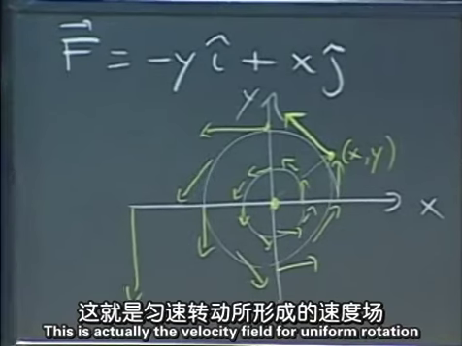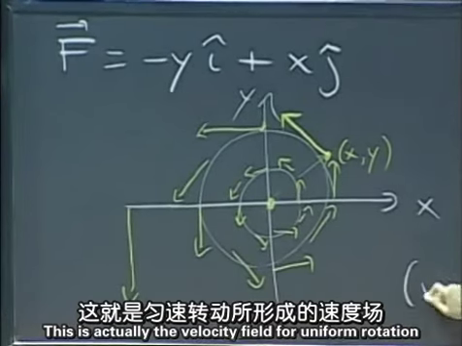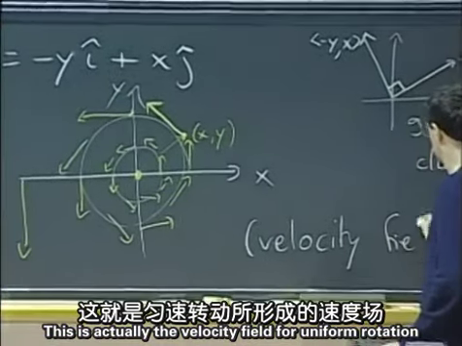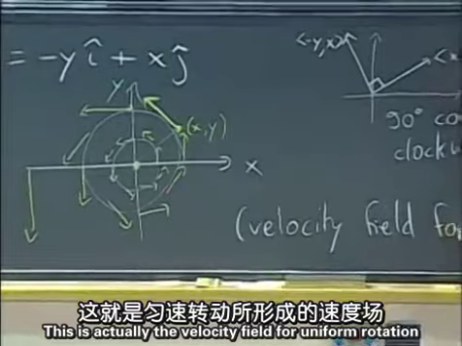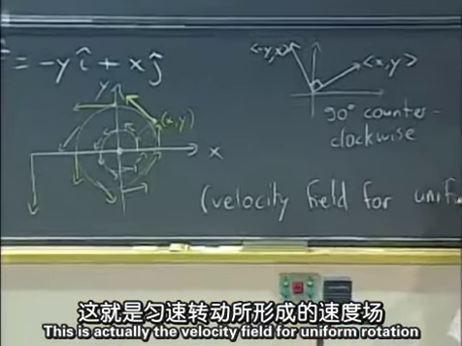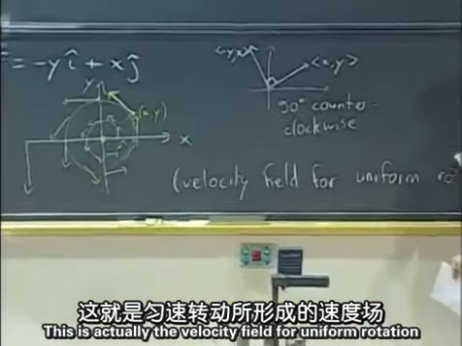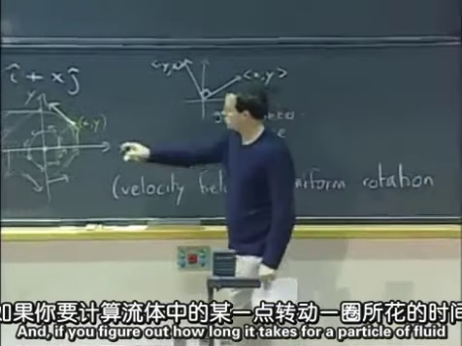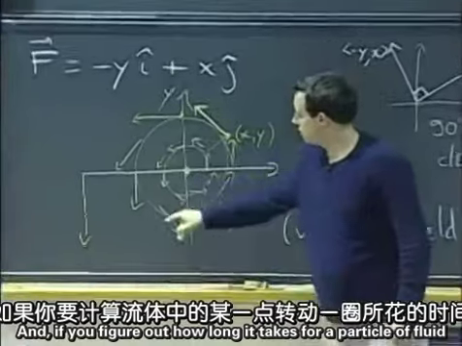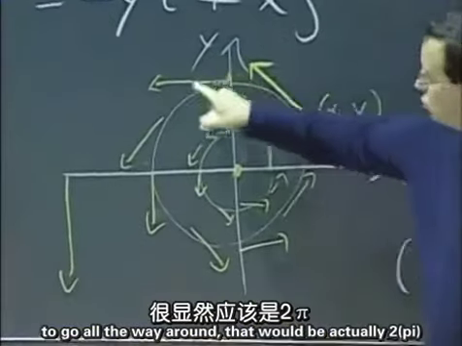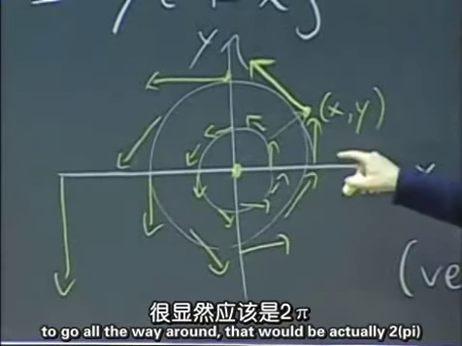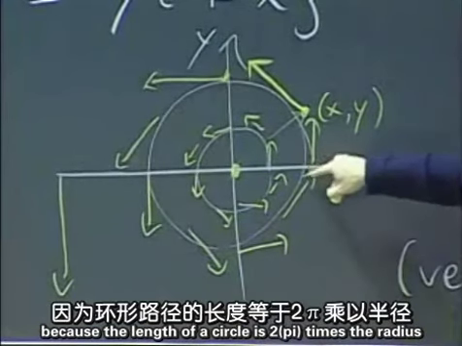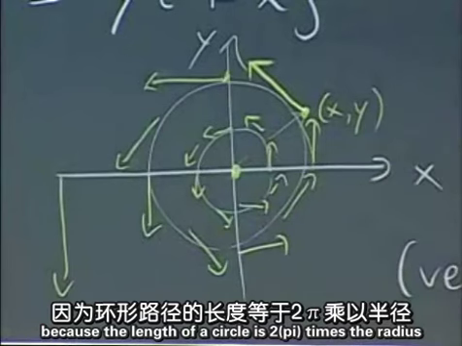So this is actually the velocity field for uniform rotation. And if you figure out how long it takes for a particle of fluid to go all the way around, that will be 2 pi, because the length of a circle is 2 pi times the radius.